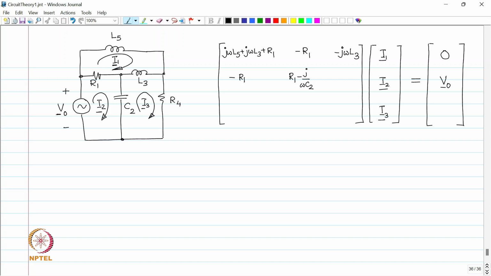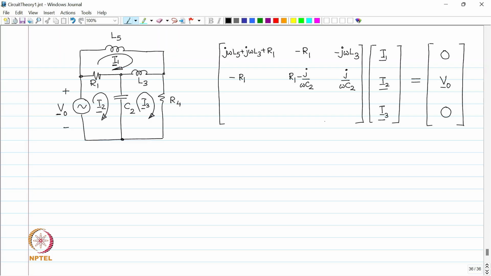Okay. And what will come in the third column? Plus j by omega C 2. Fine. Then last row, what will I write in the third column of last row? Okay, right hand side is 0.